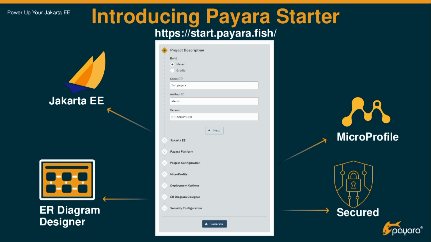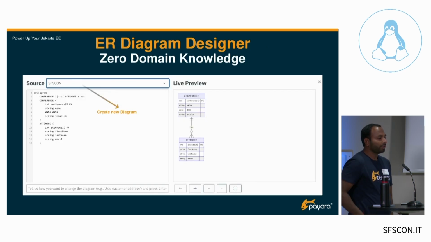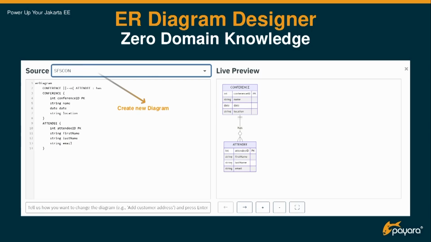It takes Jakarta development to the next level by adding support for MicroProfile, Docker, and creating secured applications. The ER diagram designer is one of the standout features in Bayara Starter, and with generative AI, it can design and refine the diagram based on your needs, even if you don't have a lot of domain knowledge or expertise in that specific area.